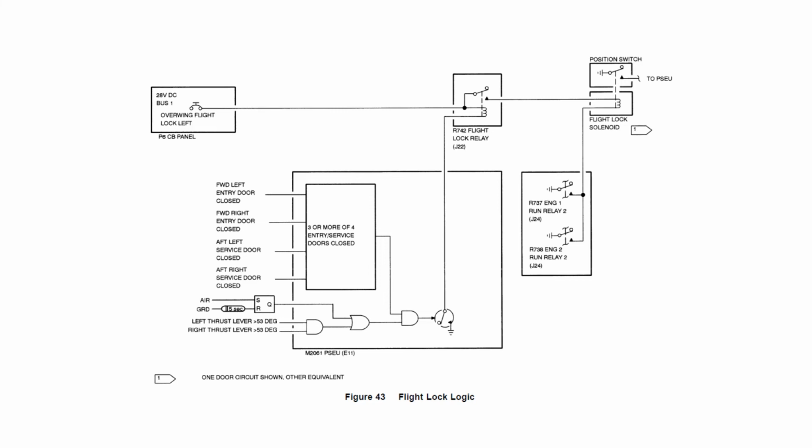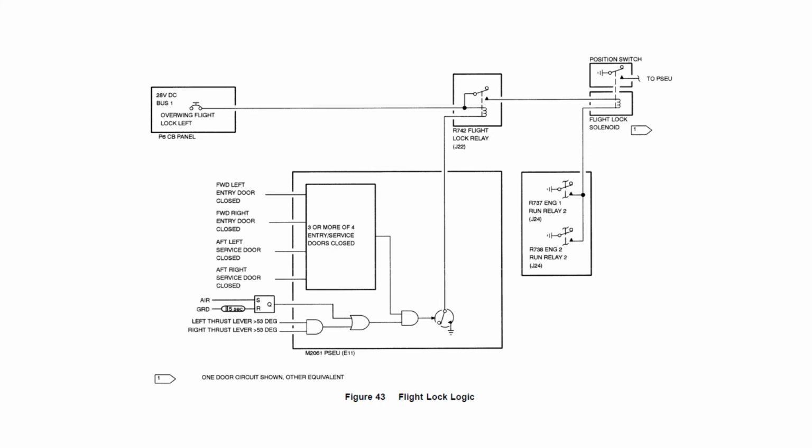If 3 out of 4 of those doors are closed and locked, then a logic 1 will be released to that AND gate inside the PSEU. It's an AND gate, so we need another 1 at the bottom of it to make it work.